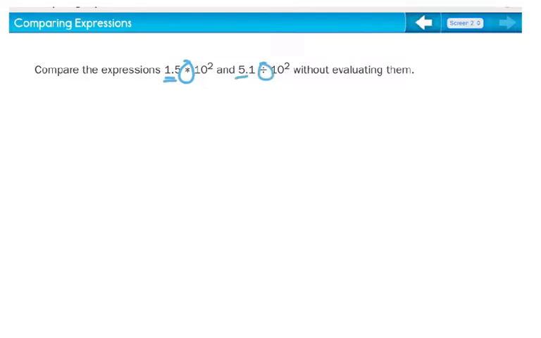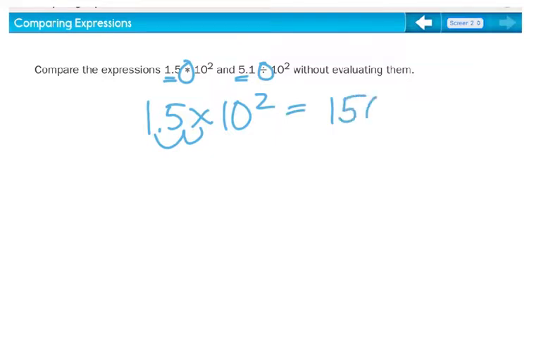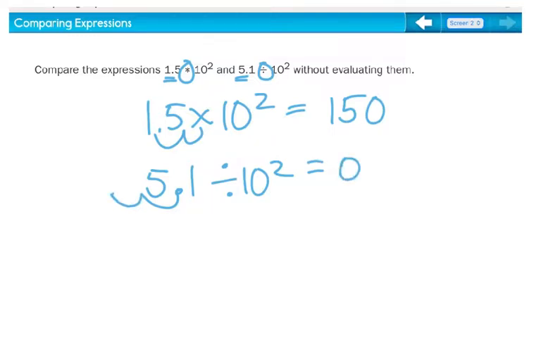Anytime you divide, it's going to be smaller than 5. So 1 and 5/10 times 10 to the 2nd would be 150, and 5 and 1/10 divided by 10 to the 2nd power is 0.051.